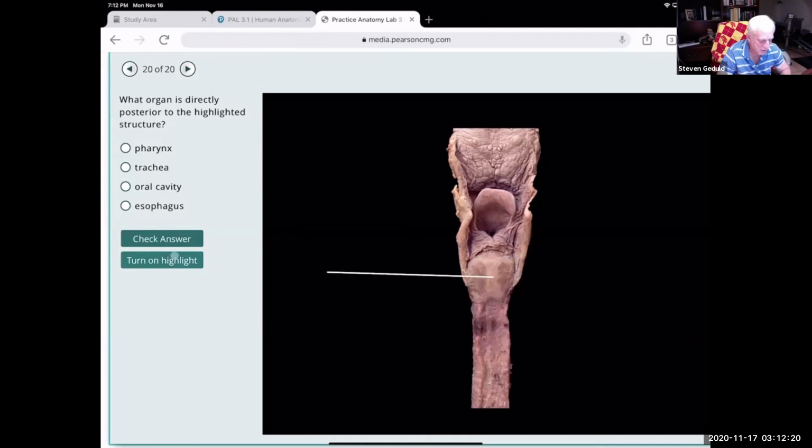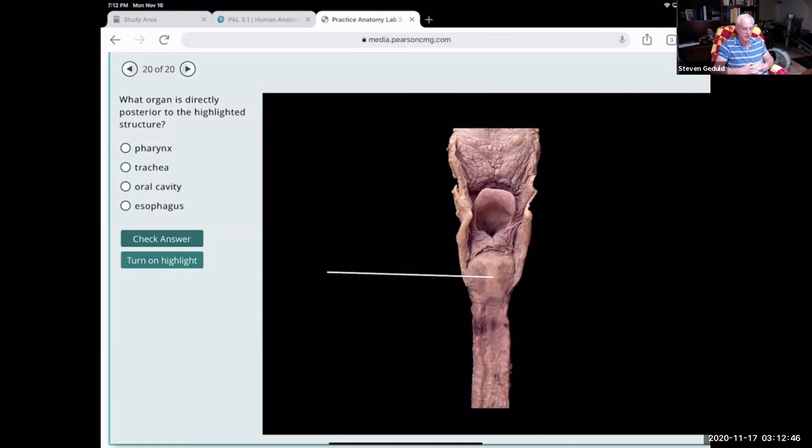All right, this structure right here, butterfly shaped. It's cartilaginous tissue. Oh wait, that's not the question though. What organ is directly posterior to the highlighted structure? Okay, first of all, what's that pointing at? That's your thyroid cartilage.